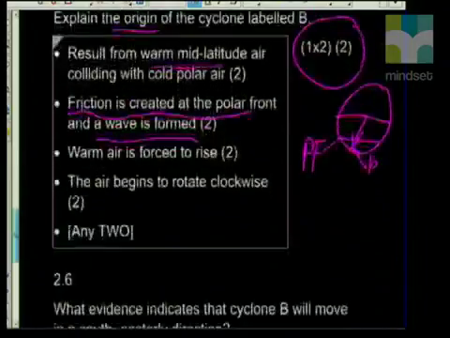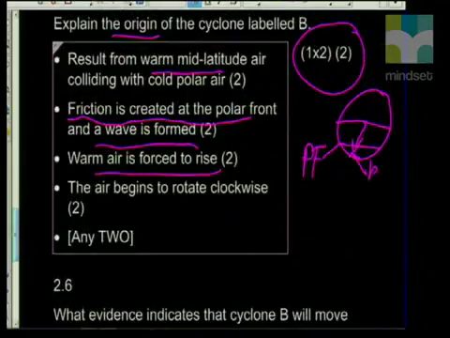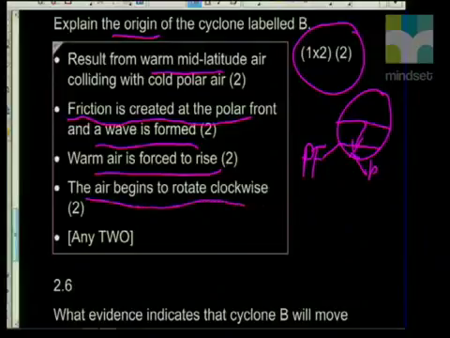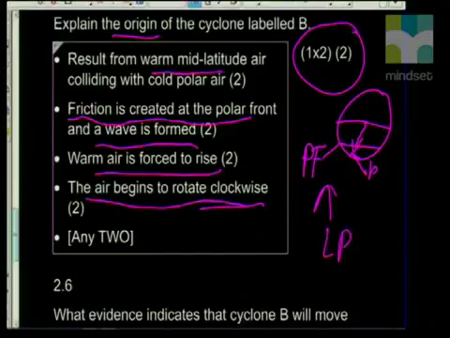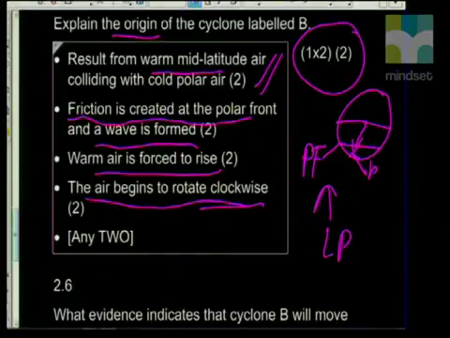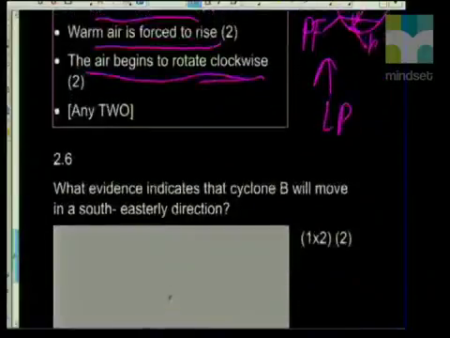Warm air is forced to rise, and the air begins to rotate in a clockwise position because the air is rising. When air ever rises, it creates a low pressure system. So you have a low pressure system, and that is why you have the clockwise circulation in the southern hemisphere. Now, learners, you know this. Remember, any one of these points will give you 2 marks.